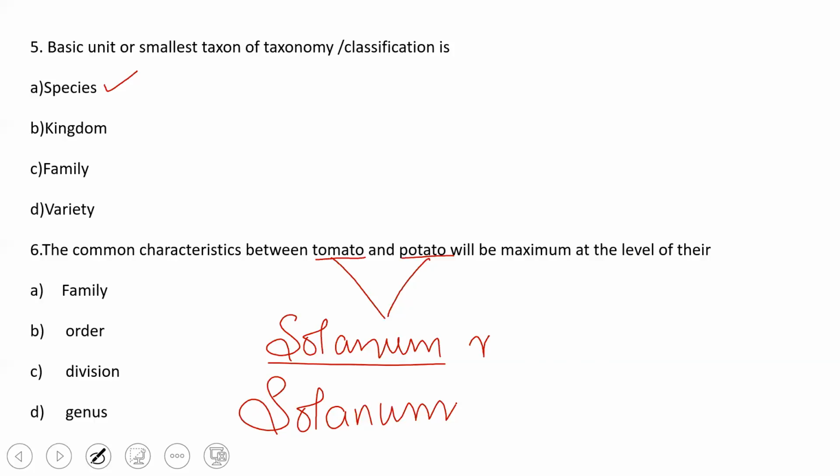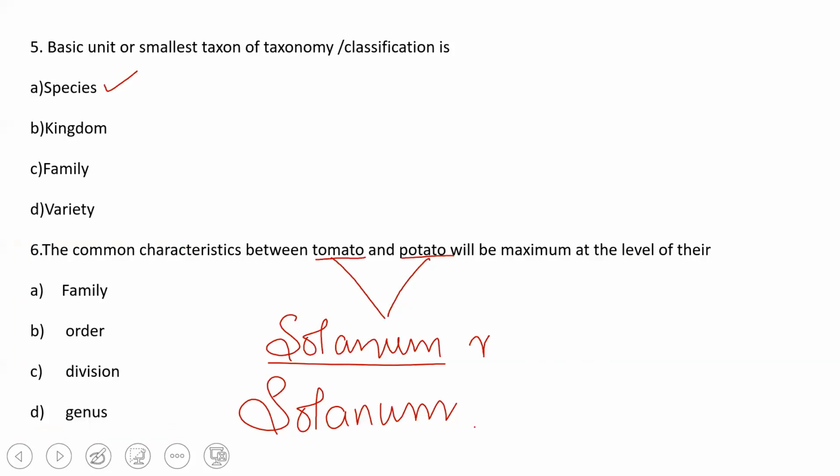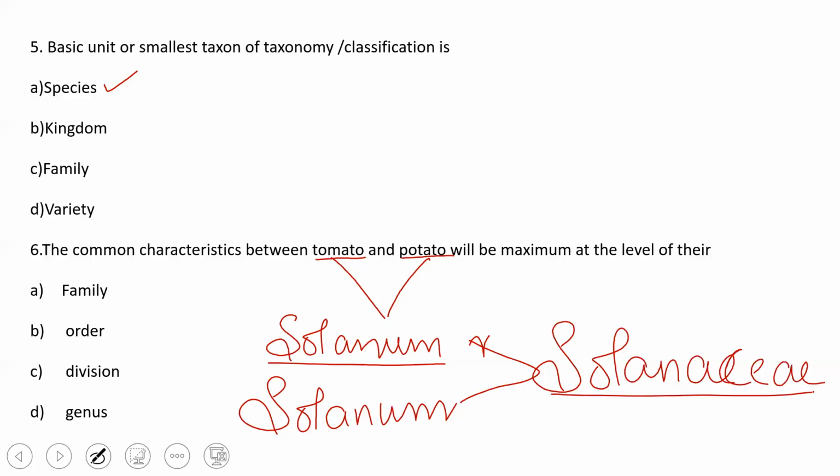Whereas in case of potato, it is Solanum tuberosum, and they both belong to the same species, sorry, the same family, that is Solanaceae. So as we know that Solanaceae is a family, when we spoke about the family, we understood that the characteristic features at the family level have been categorized based on the vegetative and reproductive characters.